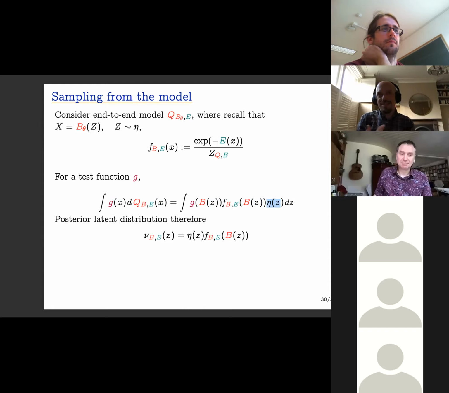So by this expression, we can define a posterior distribution over Z, which if we sampled from it, would give a distribution over these Z variables equivalent to the distribution that gives us this expectation. So if I could sample Z from this distribution, that would amount to sampling Z from eta, pushing it through G, and then reweighting it with E. Is that clear?